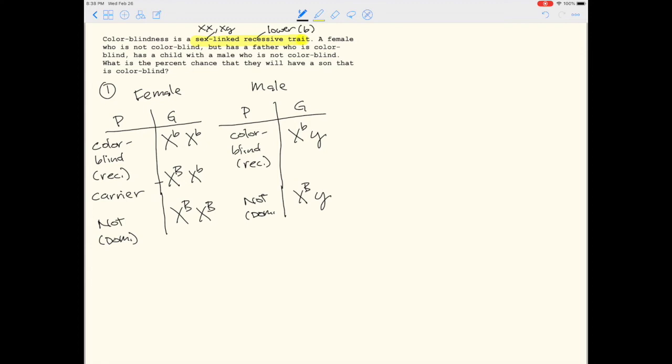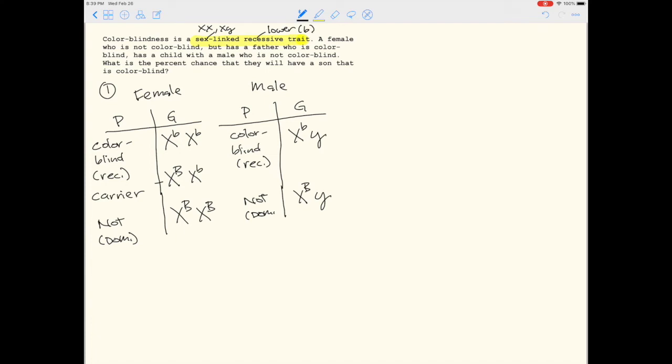Okay, notice that males do not have the carrier option. So males either have colorblindness or they do not. There's no such thing as a carrier for males when we're dealing with sex-linked genetic disorders.